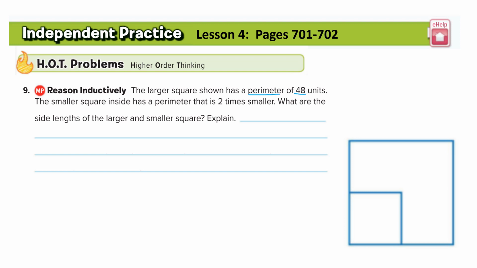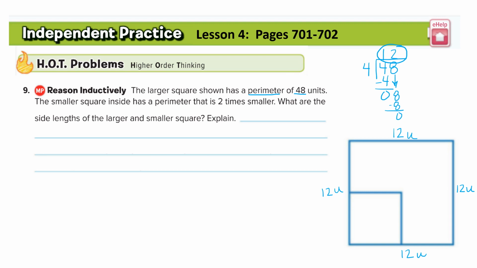Well, a square has 4 sides, so I needed to do 48 divided by 4, which gives me 12. So this square is 12 units by 12 units by 12 units and 12 units. Okay, so every length is 12.